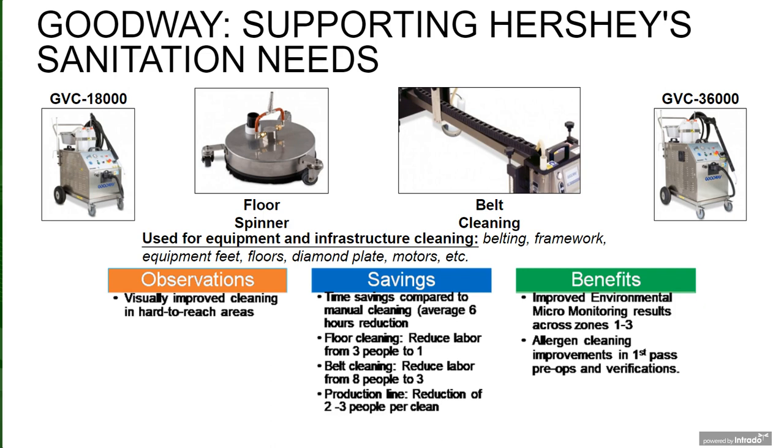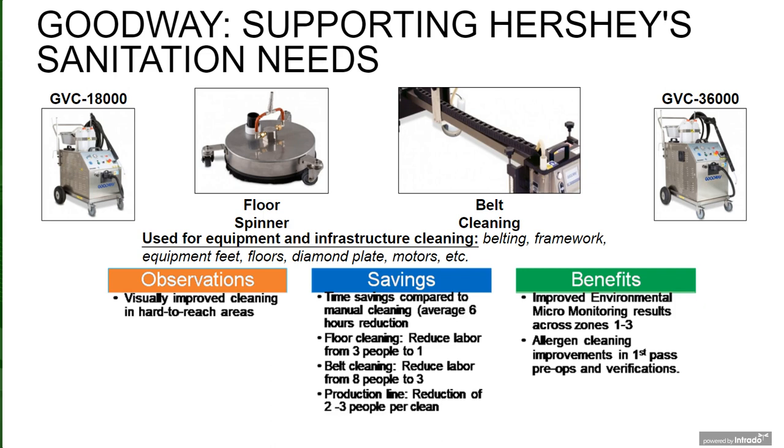From a savings perspective, there's actually two different types of savings that we've seen. So first is a time saving. If we had a manual process and now we're using a piece of Goodway technology, we've seen an average of about a 6-hour reduction, which is obviously a significant improvement.